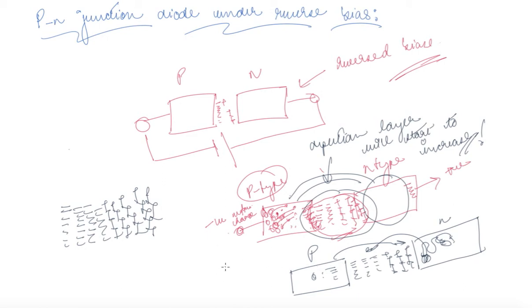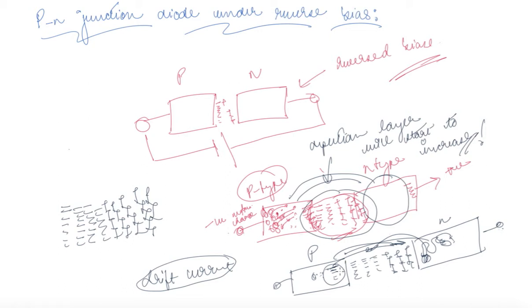This current produced because of the random motion, that is, when a hole or an electron comes close to this region and gets swept to the other side, is known as drift current. And this drift current is not depending upon the potential that has been applied. So now what you can see is the diode reverse current is not very much.